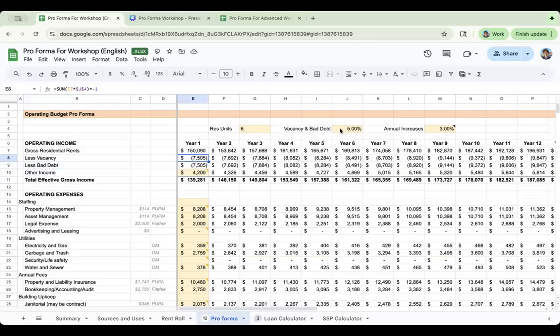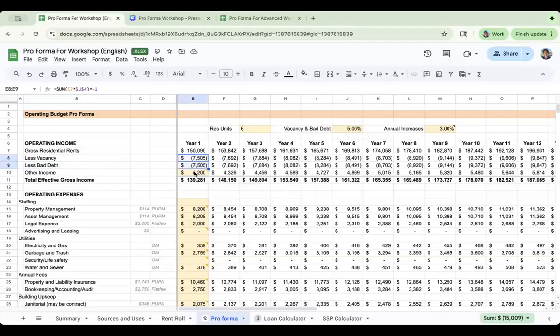So we expect 5% of rents won't be paid because those units will be vacant. And then bad debt is the interesting term we use to refer to when people are unable to pay their rent. And so these are both 5% cushions. You could make it larger, you could split them out, whatever. But it's typical for us to do kind of 10% combined for vacancy and bad debt.